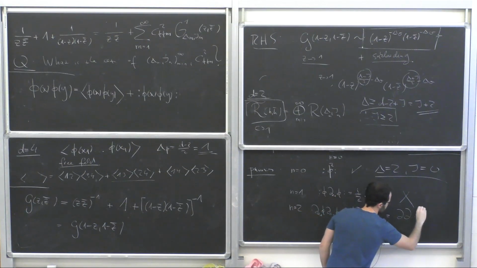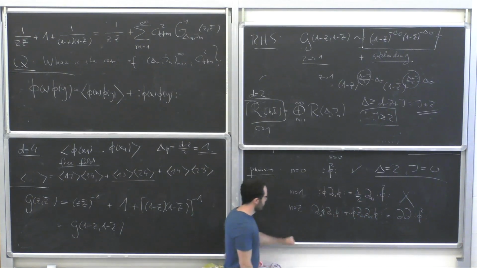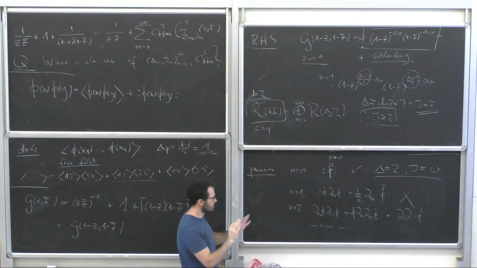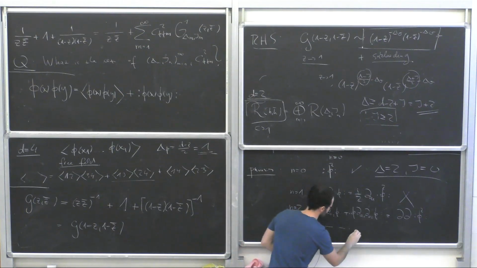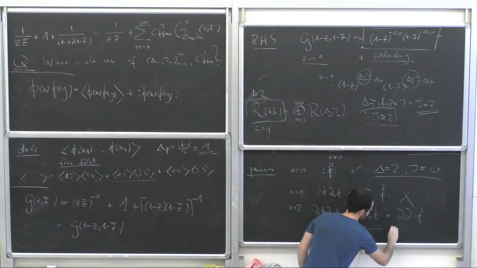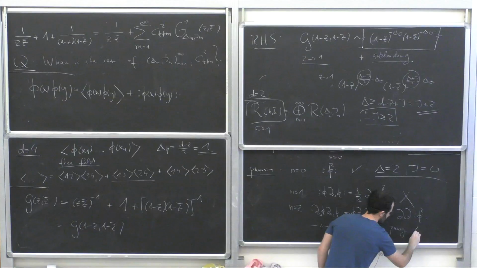But it turns out that there is a primary, which is the same thing with a minus sign, right? So now the space is kind of two-dimensional. So if you put a minus sign here, then it's a primary. It's a primary of dimension delta.